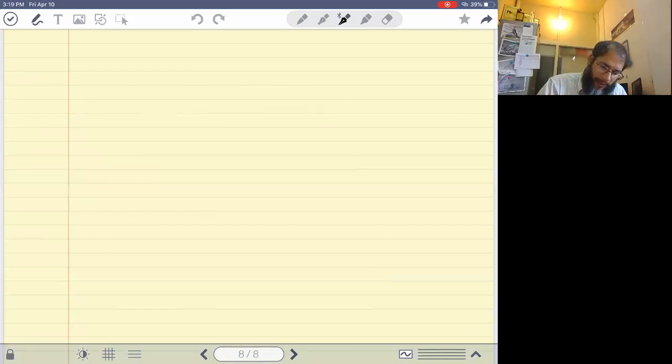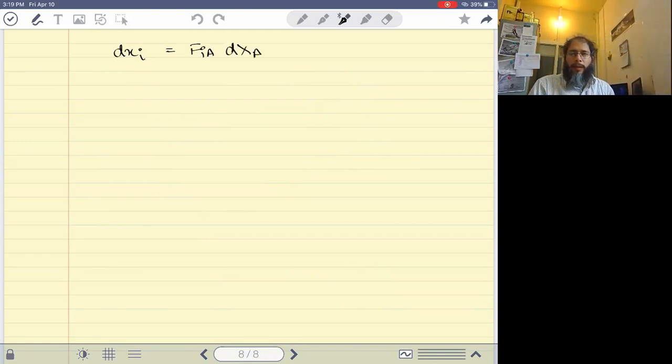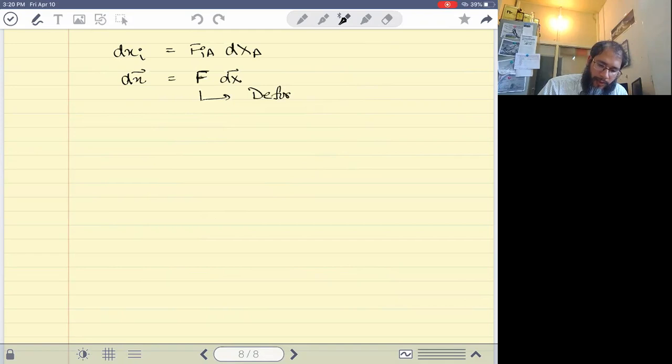Okay, so if I write that again, this is writing d small x vector as fia d capital X. In the symbolic notation, what I'm saying is d small x vector is the F matrix times d capital X vector. And this F matrix is called the deformation gradient tensor. It's an extremely important quantity.